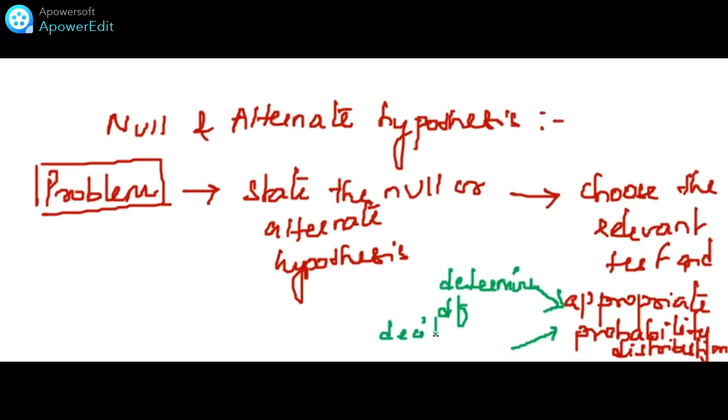So the first step is the problem: what is our problem? Second is to state the null or alternate hypothesis. The third is to choose the relevant test and appropriate probability distribution.